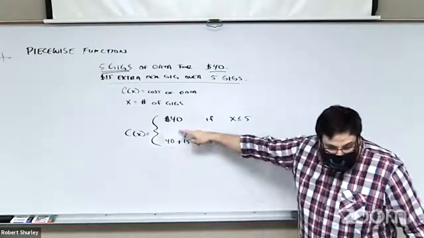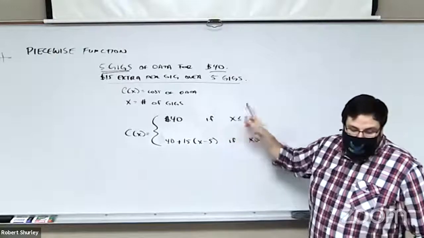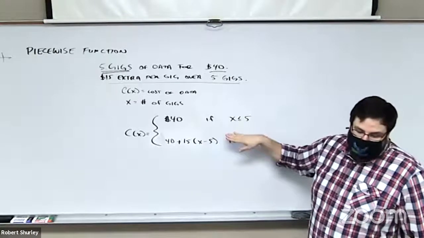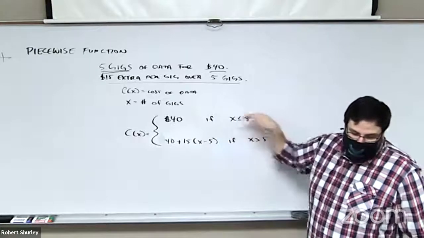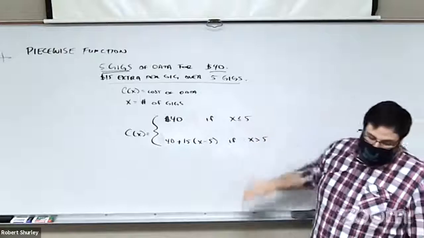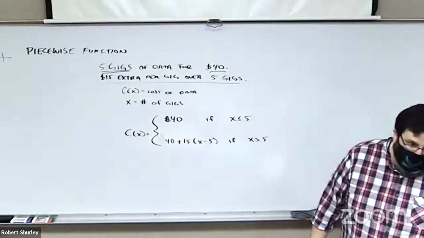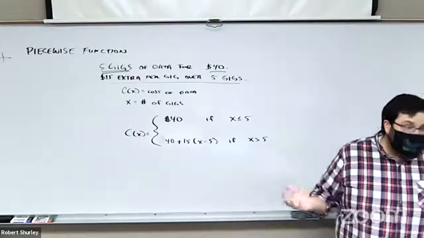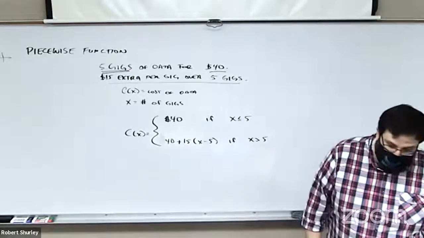It goes into this equation, not that one, because it's an if-then statement. 6 is not less than or equal to 5, so we don't use that equation. We go to this one, plug it in, and it pops out what her bill is going to be. It's all behind the scenes, all automated, but on a very basic level, this is where it's coming from.